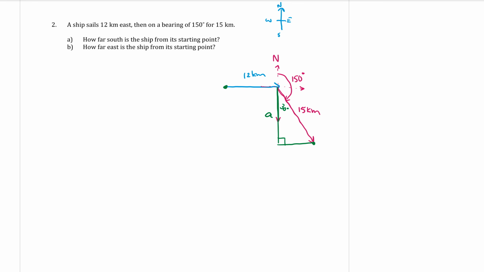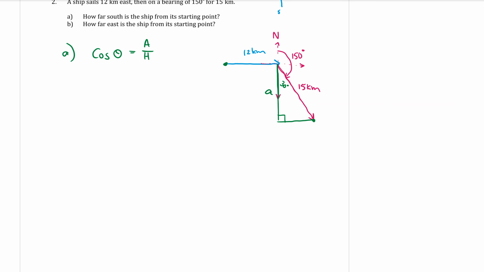Okay, so now I'm ready to do SOHCAHTOA. I have got the adjacent side and the hypotenuse, so we're going to be using cos. So for part A, we're using cos theta equals adjacent over hypotenuse. That's our formula.